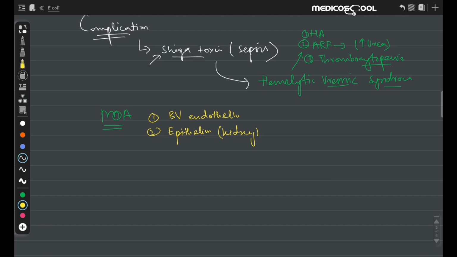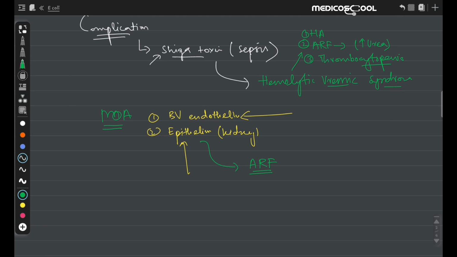Now if this Shiga toxin enters the blood vessels, it will cause damage to this endothelium, as well as to the epithelium of the kidney. And if this damage occurs, it can result in acute renal failure. So it is one mechanism by which the Shiga toxin can produce acute renal failure.